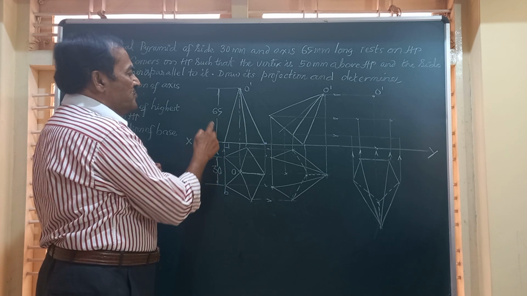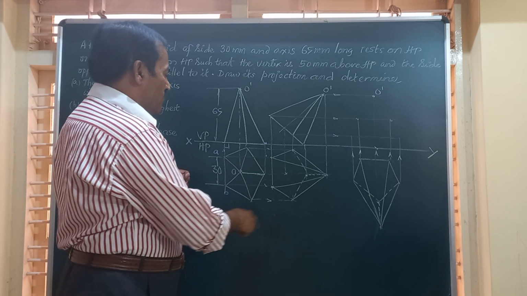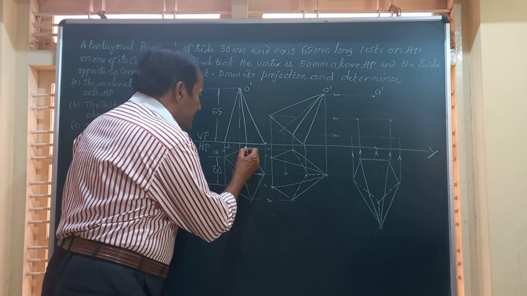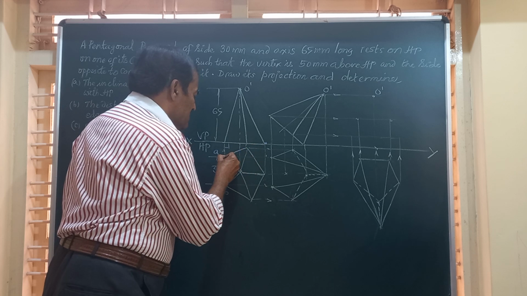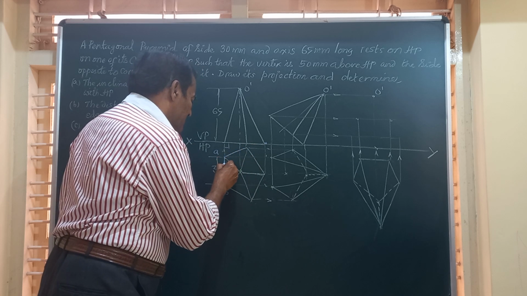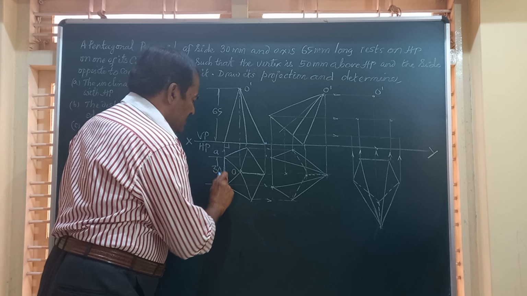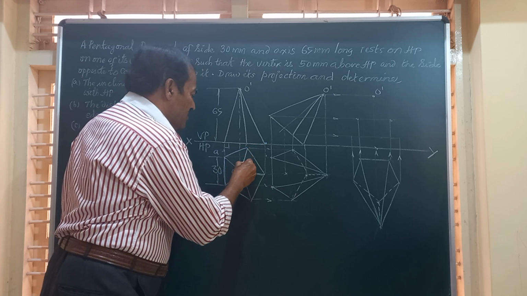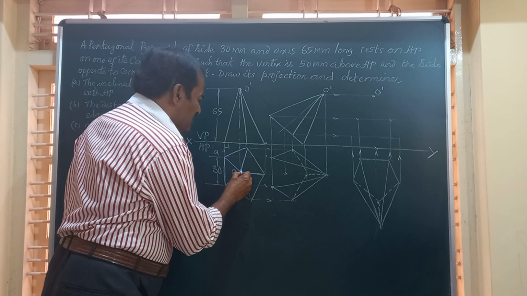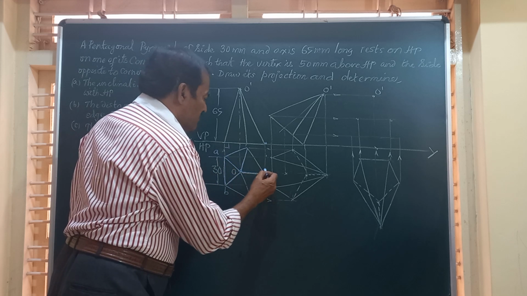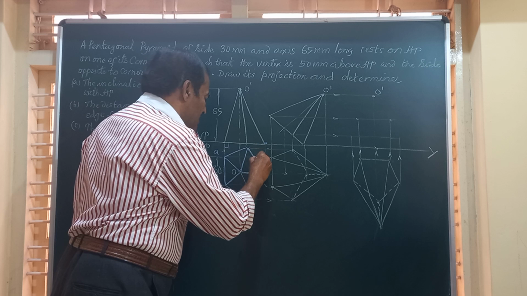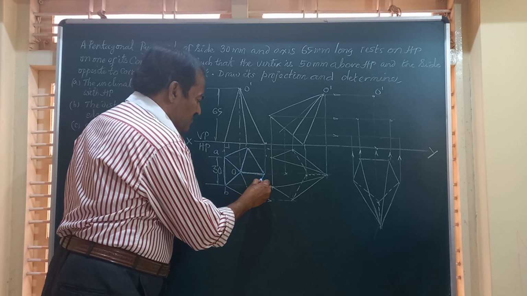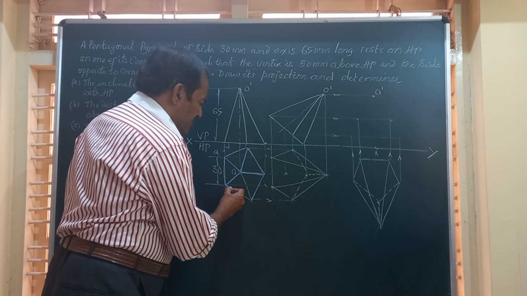Obtain the front view to the given height and the top view a regular pentagon having side measuring 30 millimeters. So this is the initial position of the object. We get in the top view a regular pentagon with all the sides of the base joined to the corners, and we obtain this figure as shown.